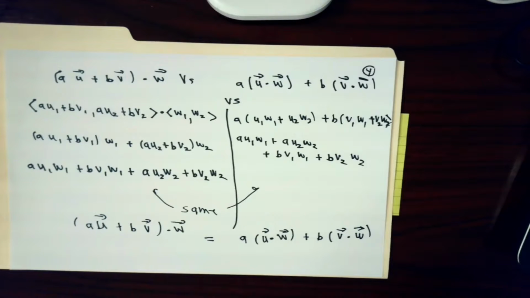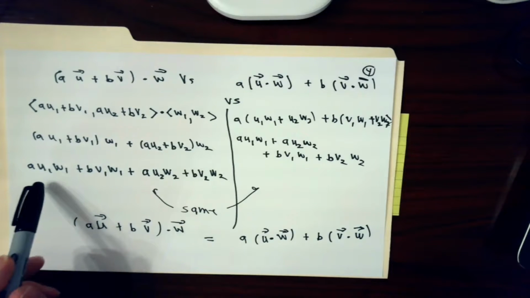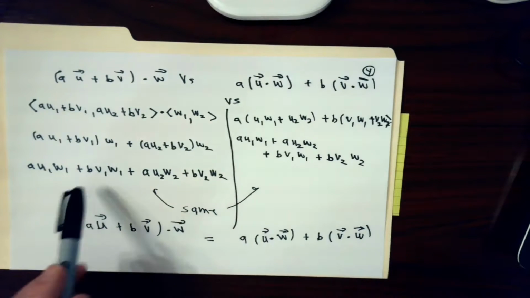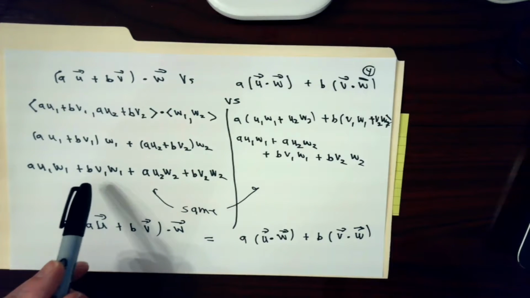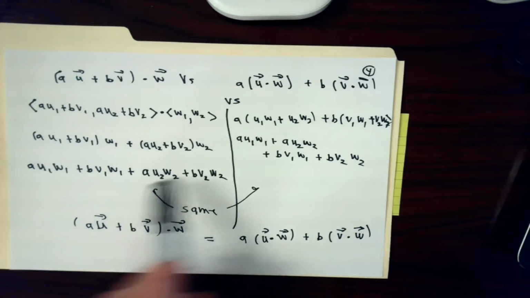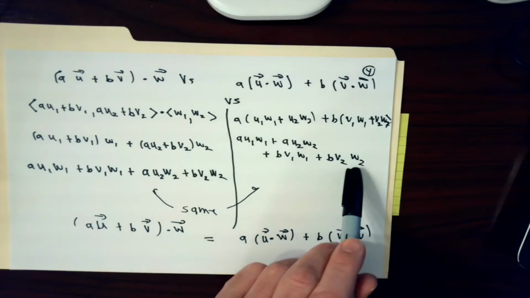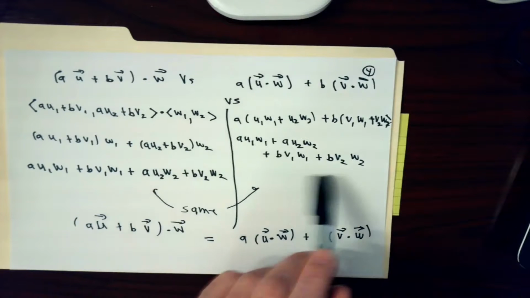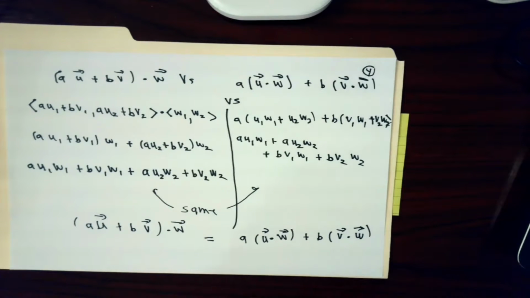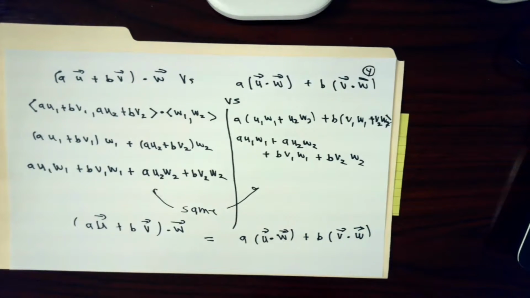Doing the ordinary distributive law, I can write the result in this form. a u1 w1 is that term. b v1 w1 is that term. a u2 w2 is that term. And b v2 w2 is that term. These two things are the same. There is a distributive law for the dot product. Also, if the first thing had been a single vector and the second thing had been some sort of combination like this, the same result will follow.